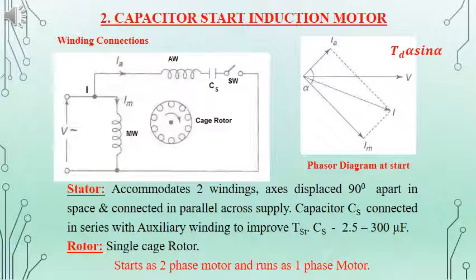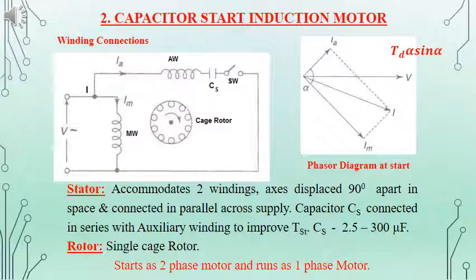As in the previous case, the machine will be starting as a two-phase machine, and since there is an additional capacitor included along with the auxiliary winding, the current in the auxiliary winding will be leading by some angle.